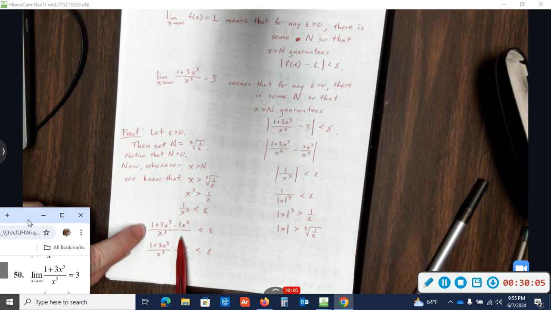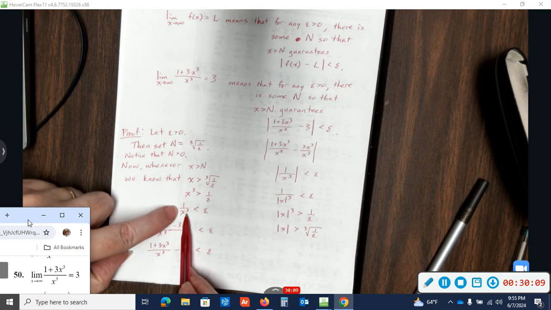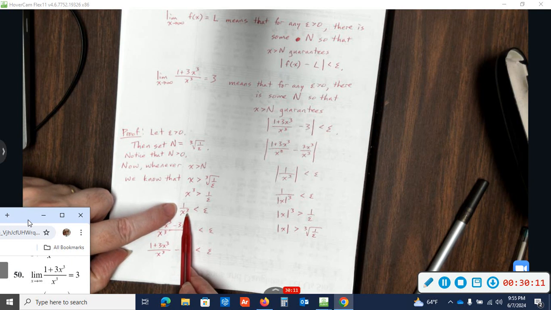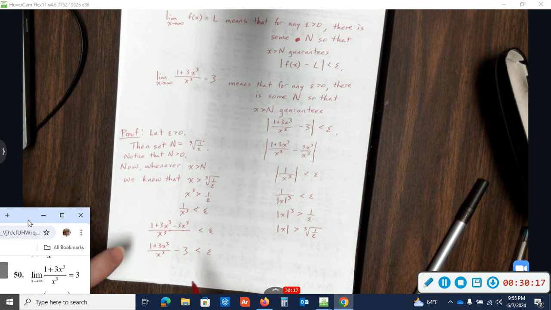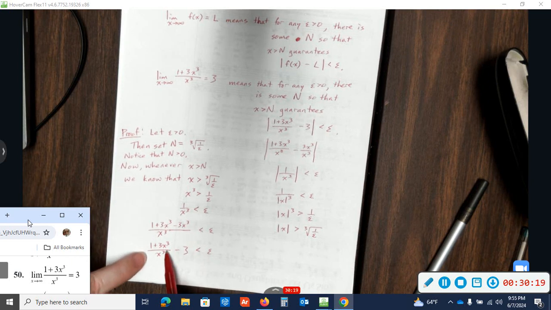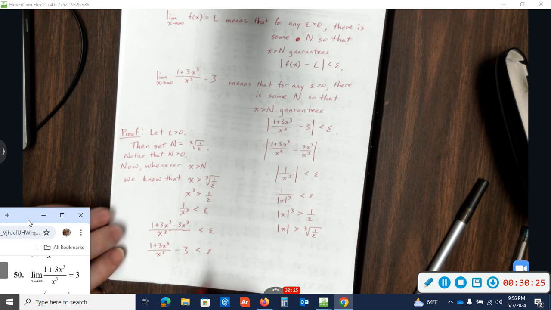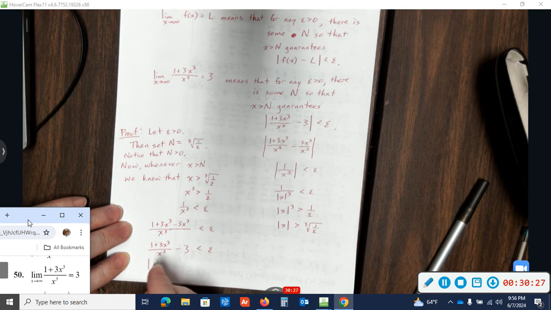this expression is this expression. And this expression is positive, so the absolute value of this expression is the same thing as itself. This is equal to this, and we know that this is positive, so it's its own absolute value.